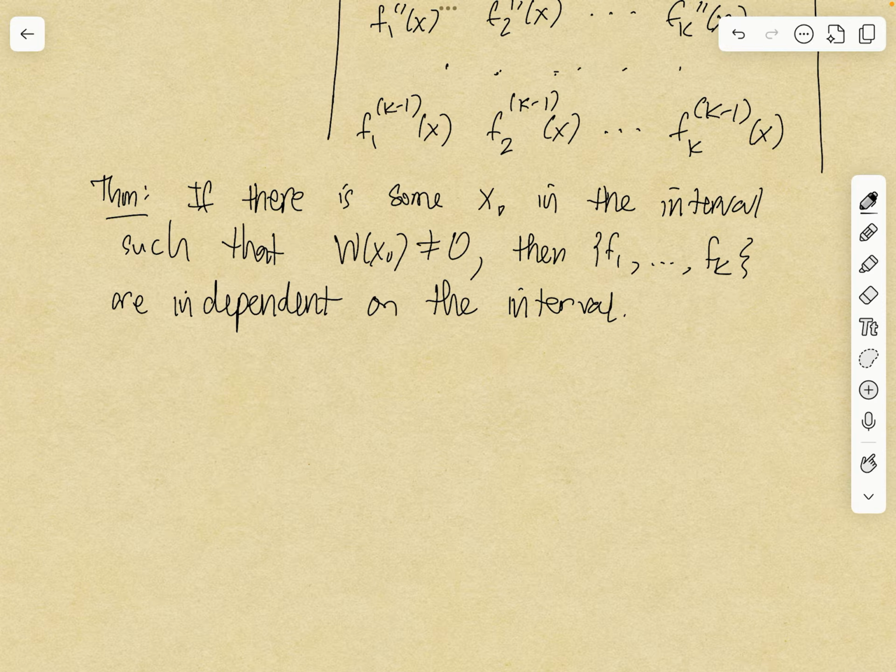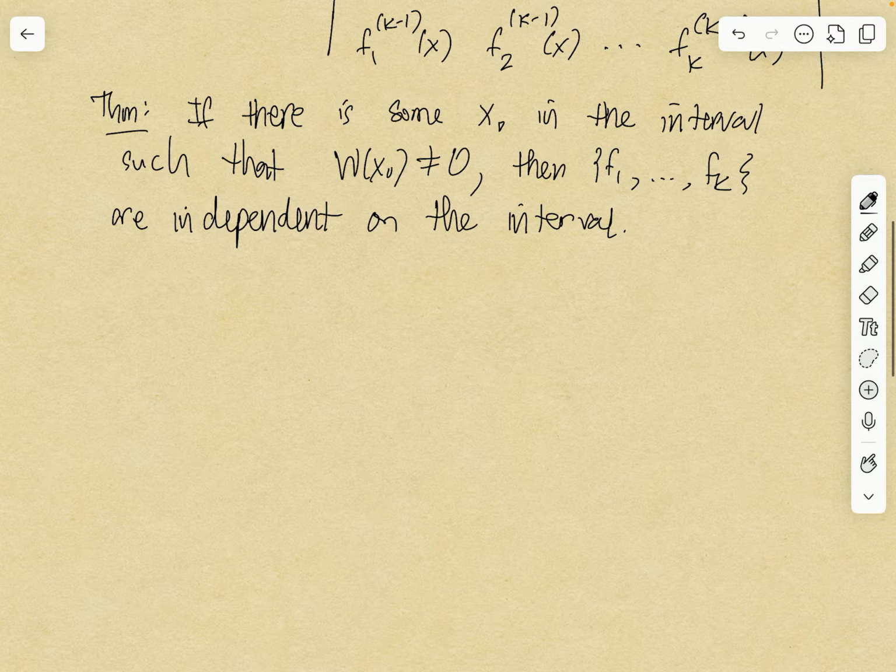Let's prove this, and then we'll make some comments on it. So the proof: suppose that there is some x naught in the interval such that W of x naught is not 0. We want to show that the set is independent.